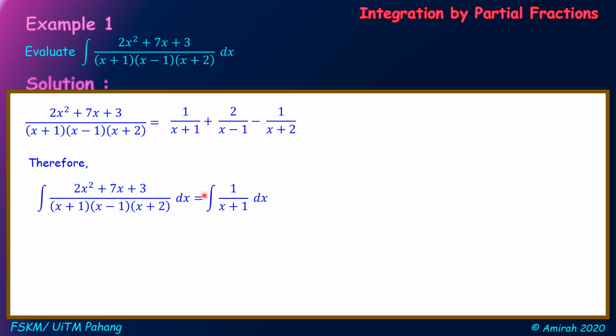So we integrate 1 over x plus 1 dx, plus, we move constant 2 outside the integration sign, so we get plus 2 times the integration of 1 over x minus 1 dx, and then minus the integration of 1 over x plus 2 dx.